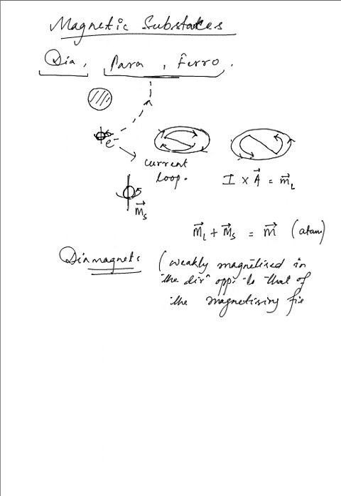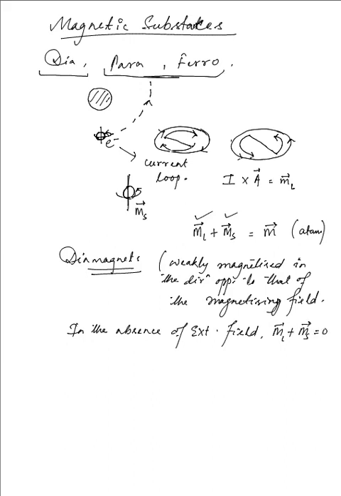Now, what actually happens over here? Well, initially, in the absence of the external field, the magnetic dipole moments, the orbital as well as the spin, add up to cancel out each other.